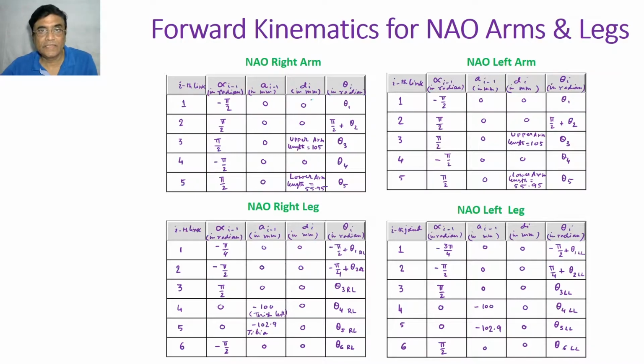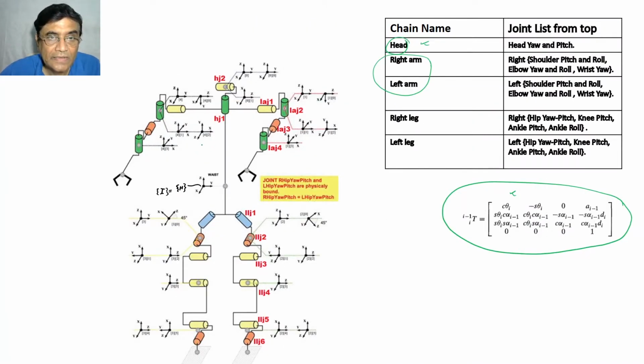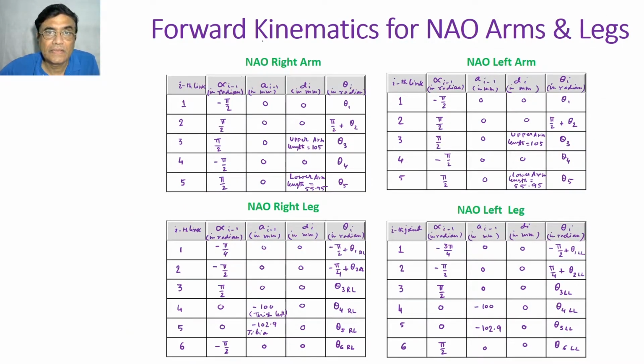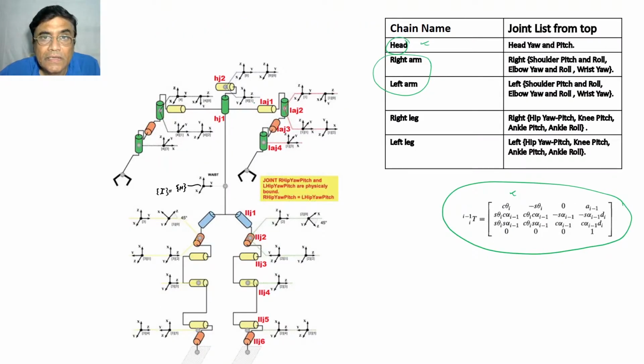So you see, right arm, where here it is pi by 2. There is a twist angle minus pi by 2. Here see, Z0, so Z1 and Z0, the angle between them is minus pi by 2.